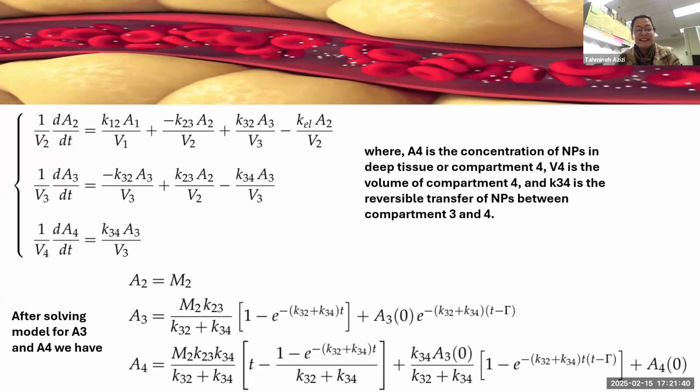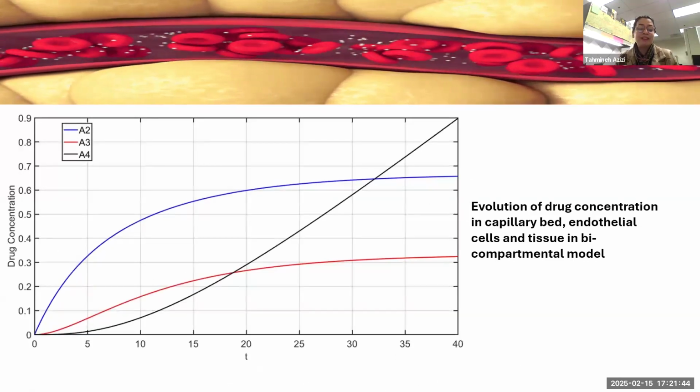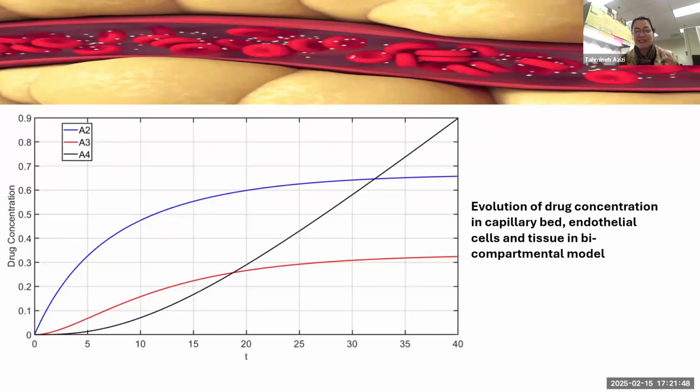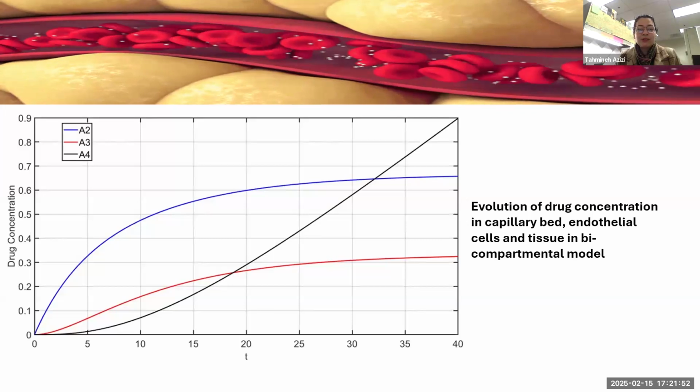Students can easily find the solution and find out what is going to happen for this drug in different tissue, how the concentration of the drug is going to change. But again, this is integer order modeling.